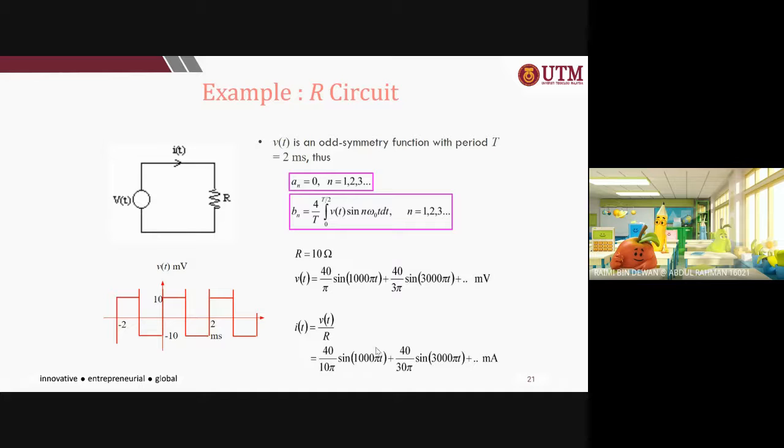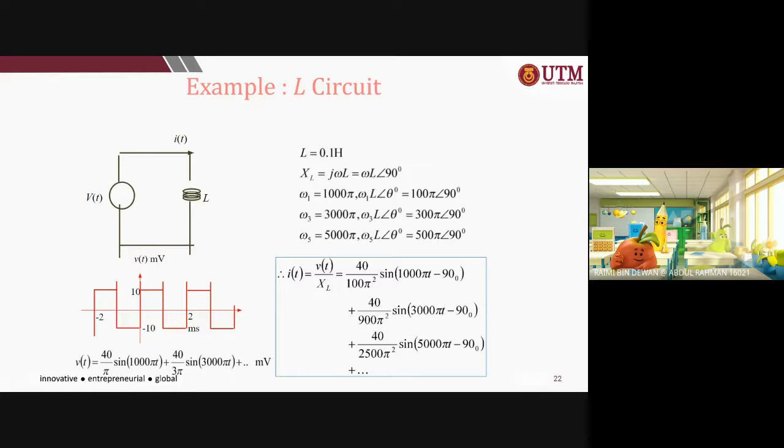Then for the L circuits, you have to add 90 degrees, which is minus 90 degrees, because this is 90 degrees, right? Minus 90 degrees.